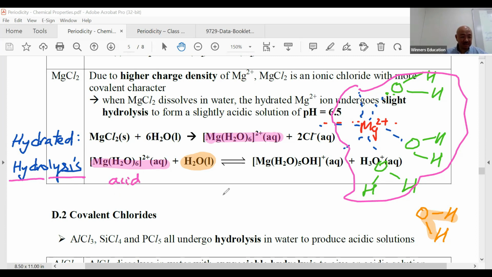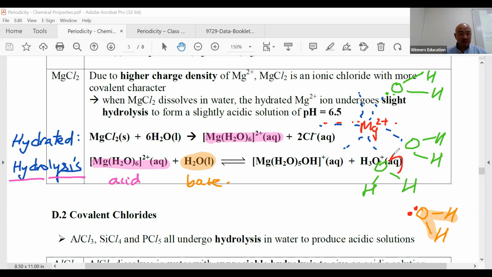This acts as an acid. This acts as a base. Now, ladies and gentlemen, this is what happened. There's a lone pair here. Make sense? Take a look at the reaction mechanism. See what I see? Done.